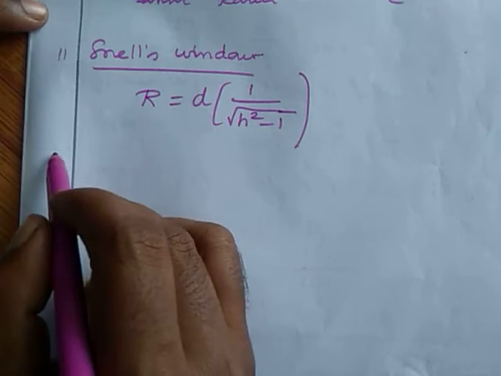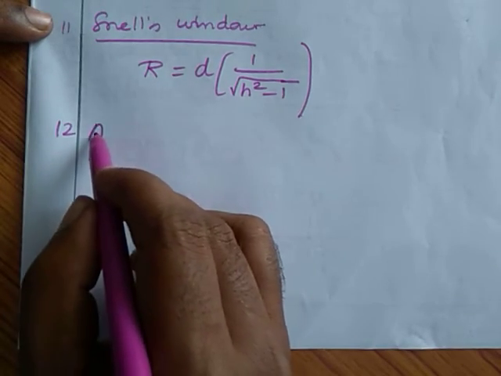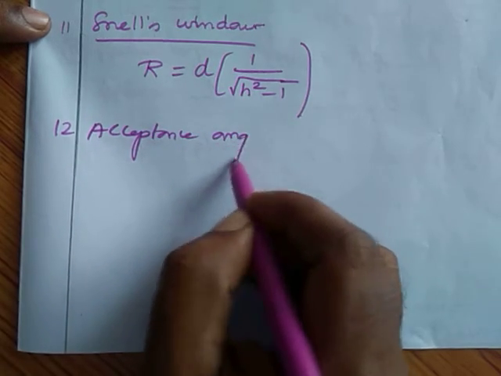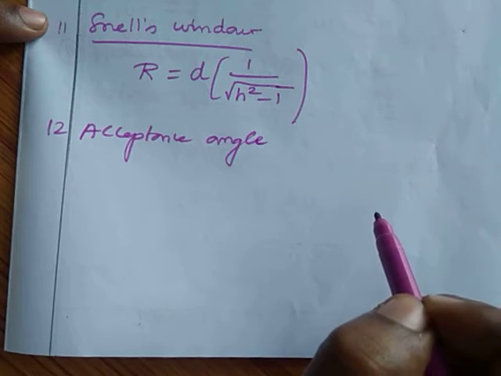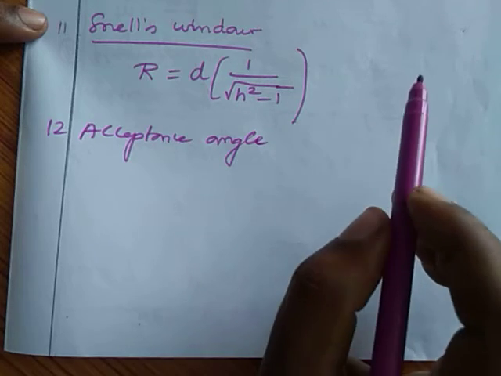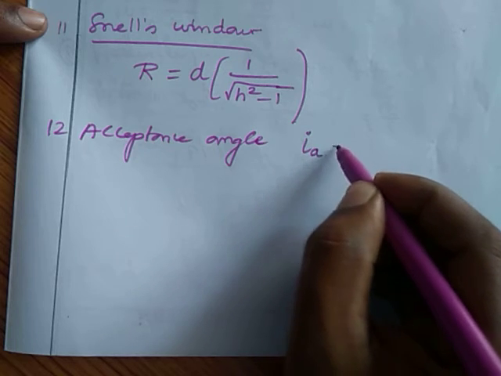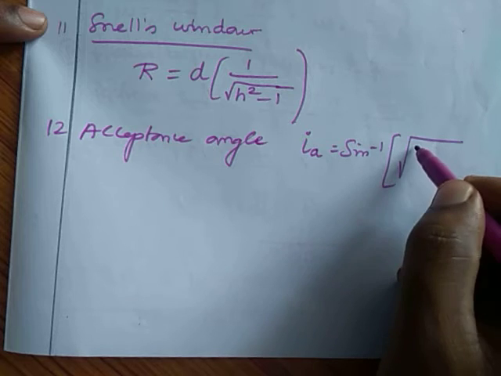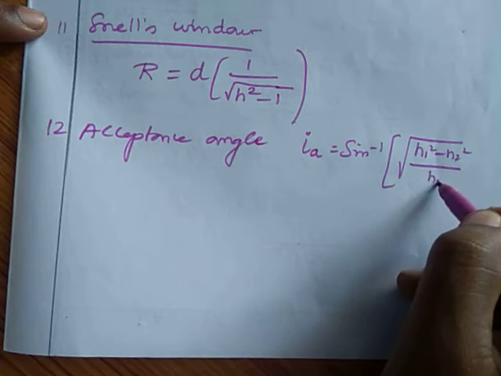Then in optical fiber we find the acceptance angle. Acceptance angle is the angle which makes a critical angle of incidence at the core cladding interface, that is ia is equal to sine inverse of root of (n1 square minus n2 square) by n3 square.